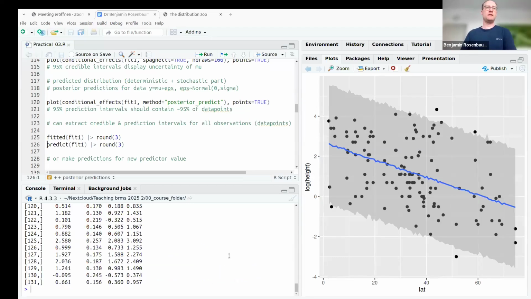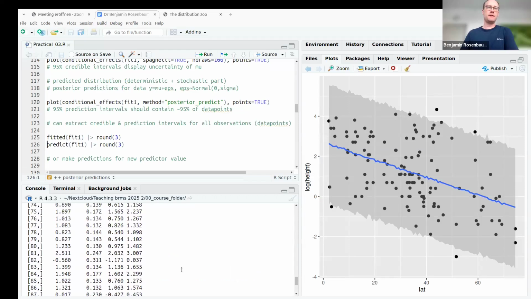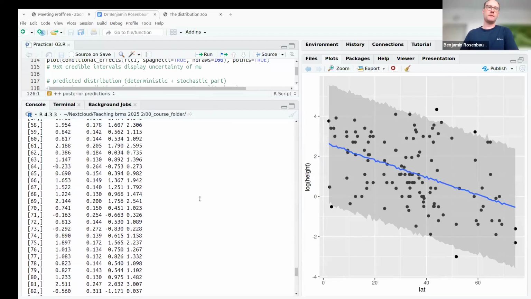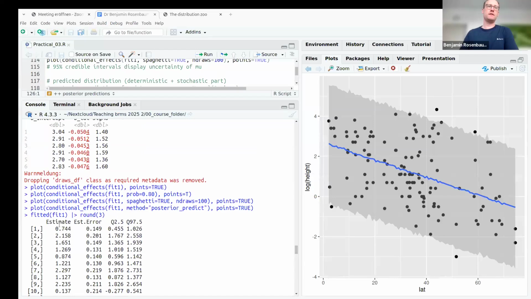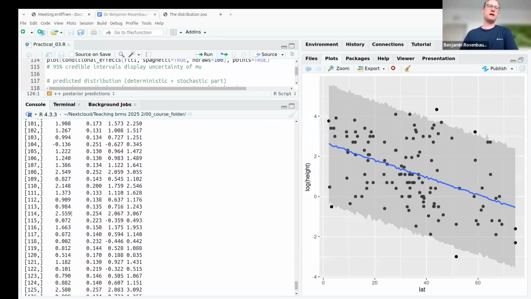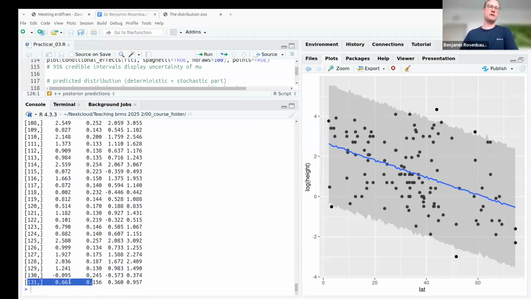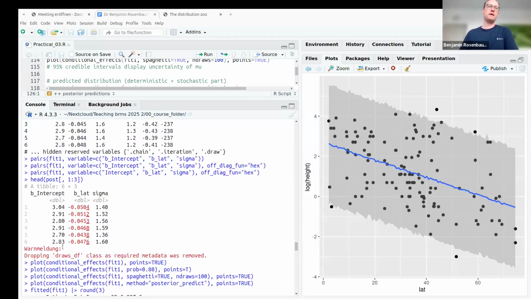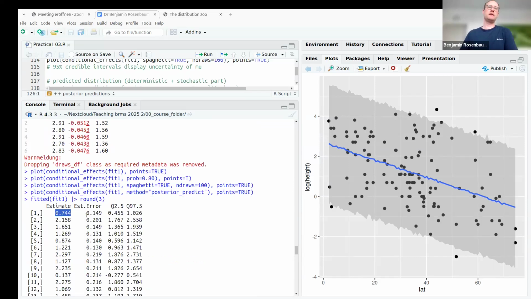So the fitted command gives you fitted values for each of the data points. So here you have 130 data points. For each of them, you will generate a prediction. Here, this is the mean prediction, and here's the standard deviation.